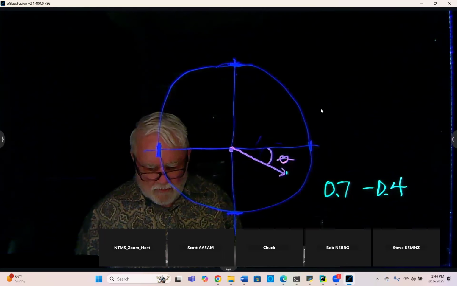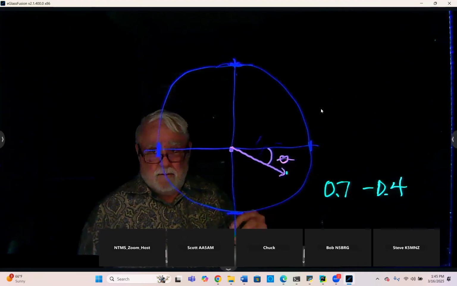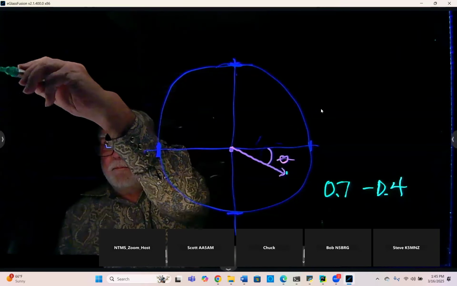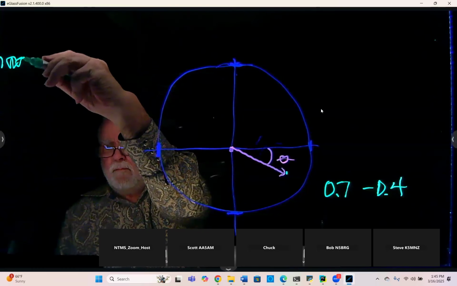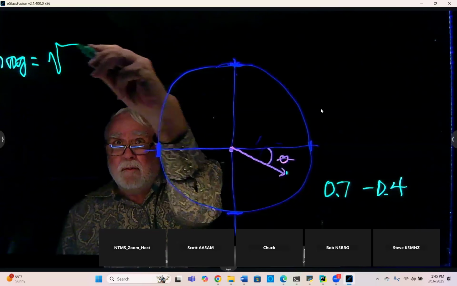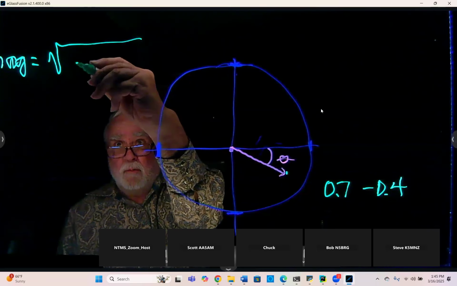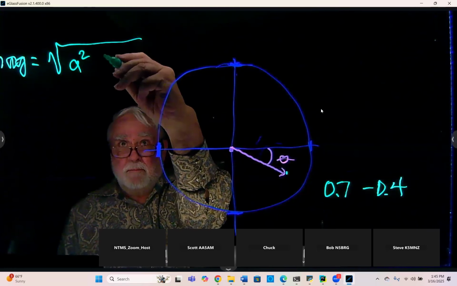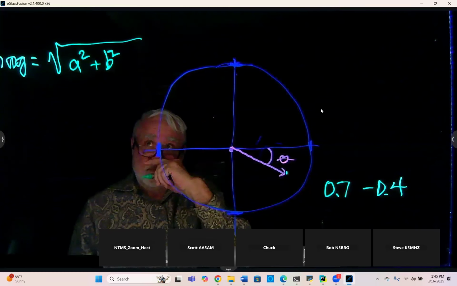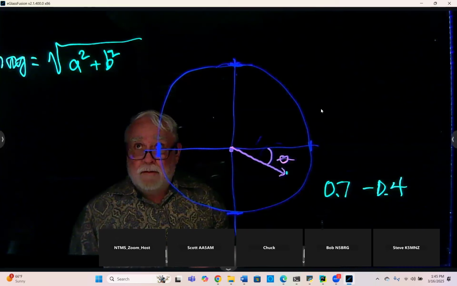Now, I've got to introduce some math, and some of this should look a little familiar to you. Magnitude is the square root of really I squared and Q squared, but we could say A squared and B squared if we want to just have substitution parameters.